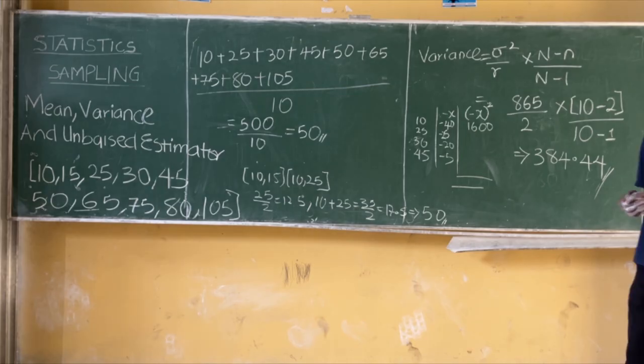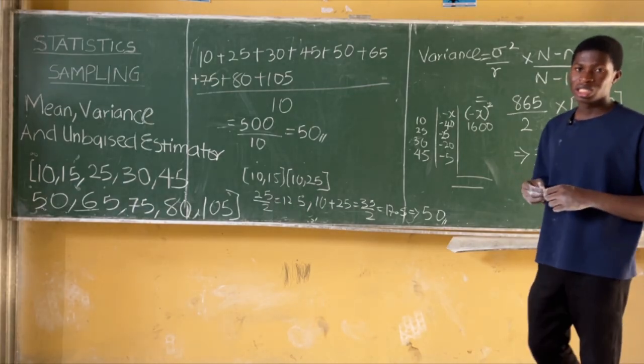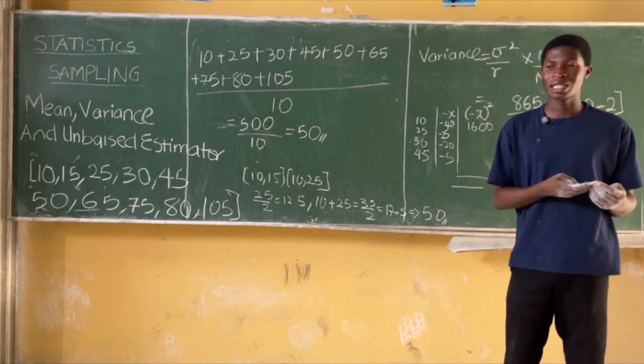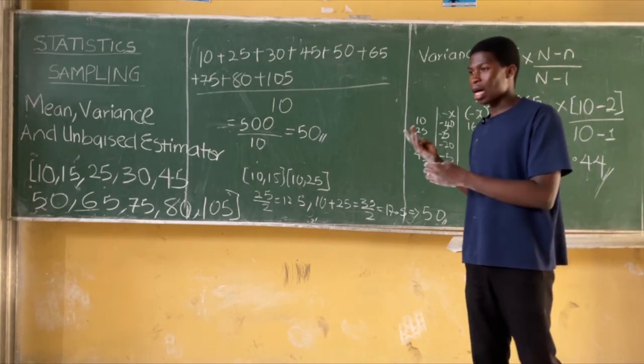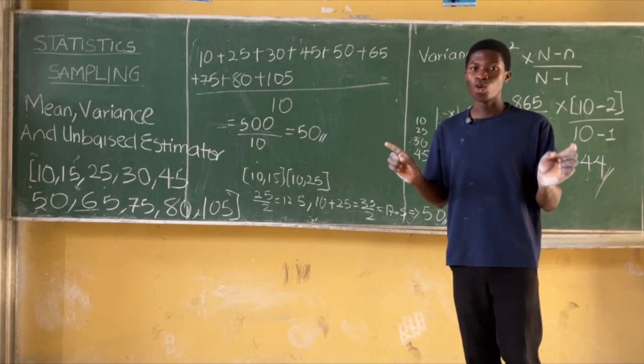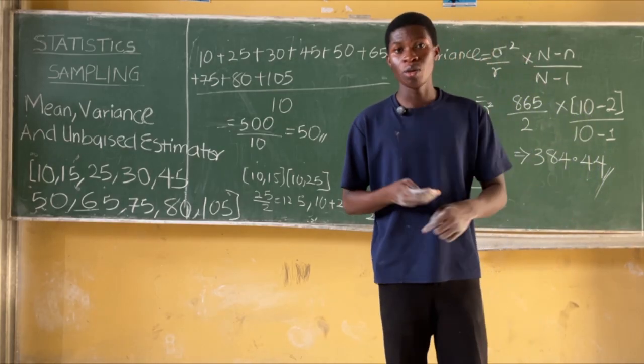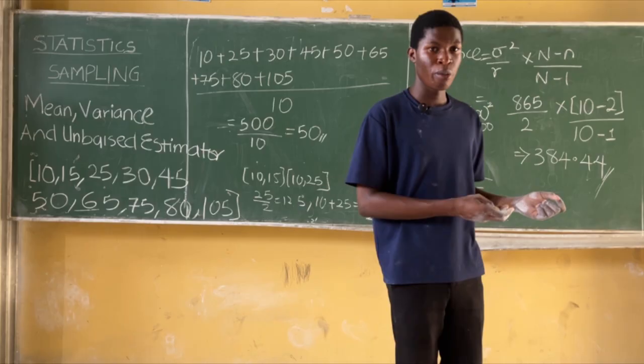So now we are tasked to find the unbiased estimator, which is next. We should decide whether the population mean is an unbiased estimator of the sample mean. This is just a long sentence. What they are trying to say is, is there any contradiction between the population mean and the sample mean?